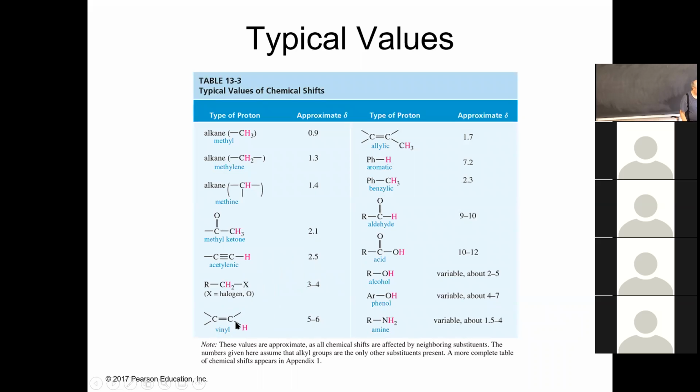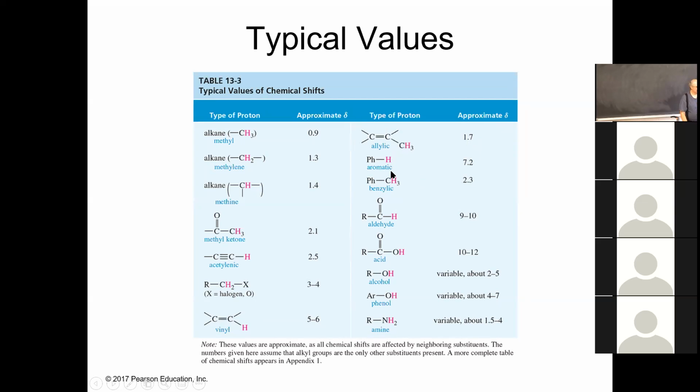A vinyl hydrogen, directly attached to an alkene, about 5 to 6. There is some variation that can go a little beyond 6 or a little below 5. If we go from vinyl to allylic, that's now one carbon removed from the alkene, then the approximate chemical shift is about 1.7.